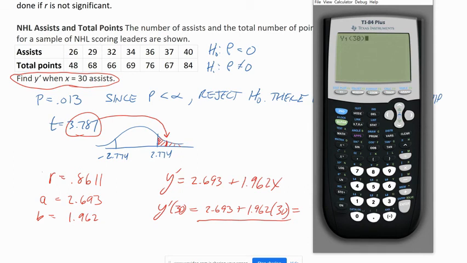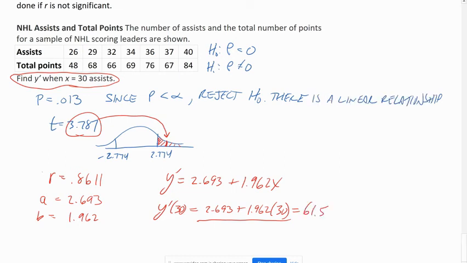That's like saying f of 30, plugging 30 into the function y1, and that gives us 61.56. So we'd say about 62 points. That's telling us if a player has about 30 assists, we predict that they're going to score about 62 points.